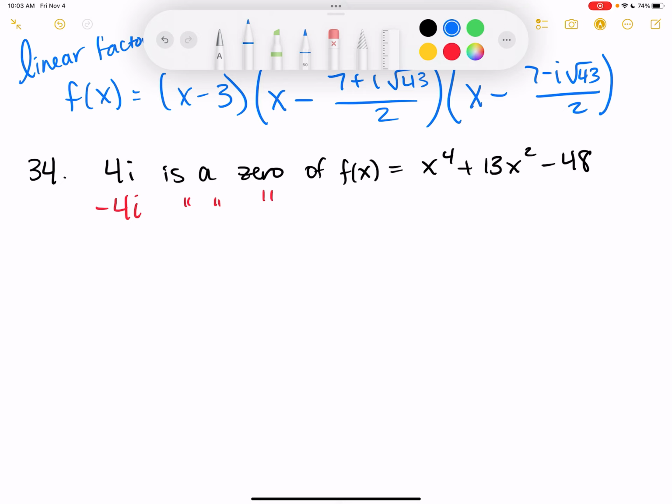Okay, so this is a little different because now our synthetic division has i's in it. You're going to do the same thing, it just has i's. So numbers again get copied down, but keep in mind if something's missing, you've got to fill it in. So I've got 1, 0, 13, 0, negative 48.